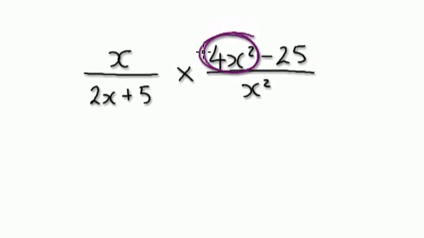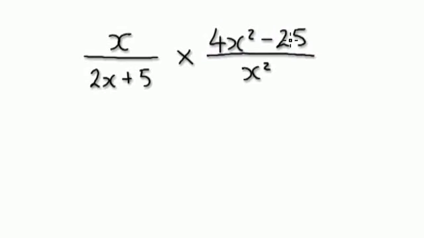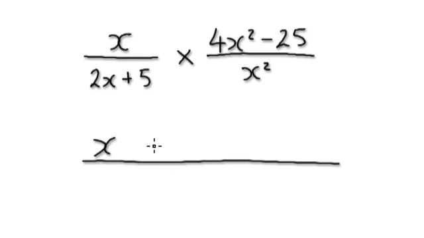Hopefully you notice that you can neatly square root this and this, so bear that in mind. So let's look at this here. Here you will have this x times this bubble, and then times this bubble here.